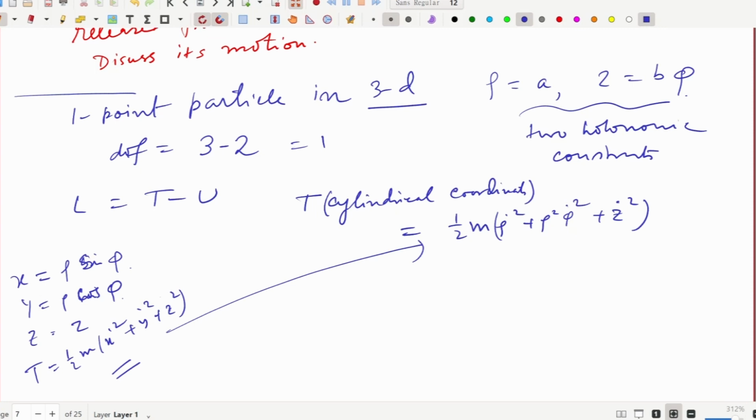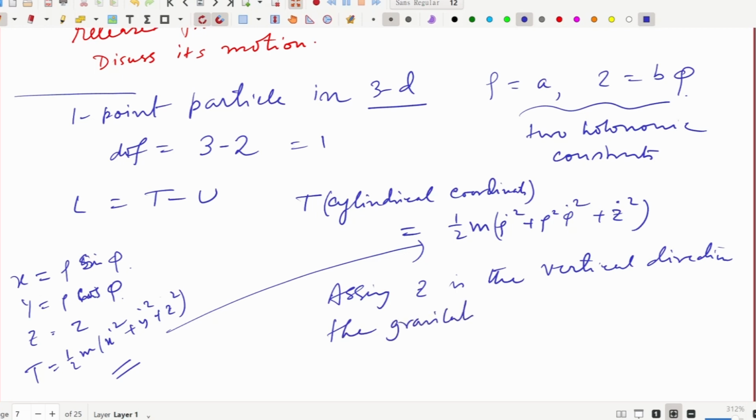Okay. Now assuming z is the vertical direction, the gravitational potential energy will be mg z.